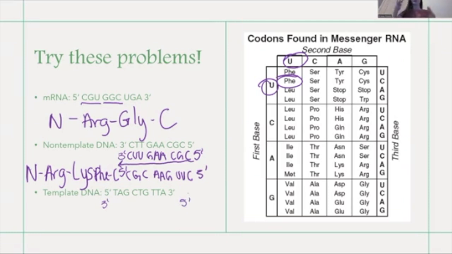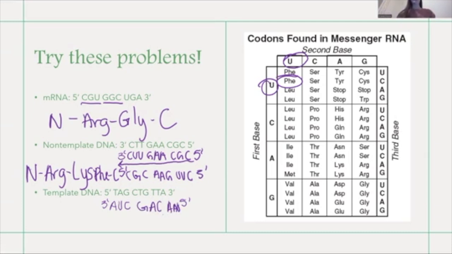So I'm no longer just switching T's for U's, I'm actually doing the complementary base pair. T is complementary with A, A with U, G with C, and then C is complementary with G, T with A, G with C, T with A, T with A, and A with U. All right, step 1 is done.